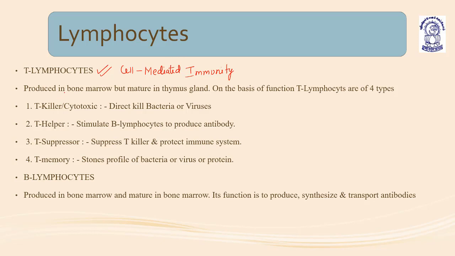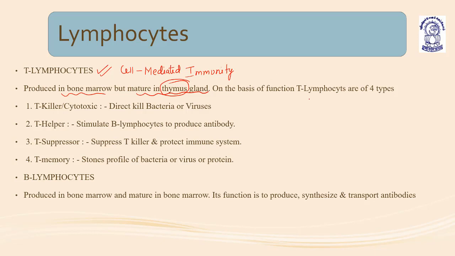They are produced in bone marrow but mature in thymus gland. That is why they are given the name T lymphocyte, because of this thymus. So T lymphocytes are produced in bone marrow and matured in thymus. That is why they are known as cell-mediated immunity cells.